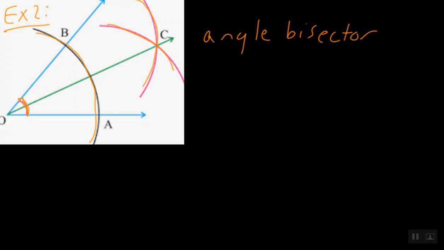Now you'll notice here we have this leftmost angle, and here we have this rightmost angle. And how do we say that we have two congruent angles? Well, let's take this orange, from this line to here.